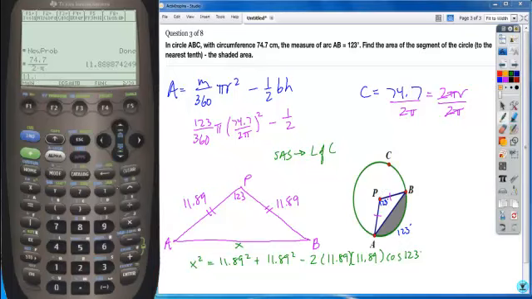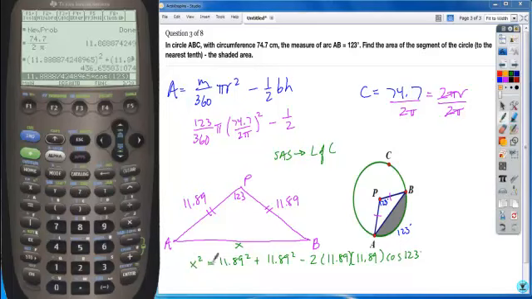I'll use the exact answer here. This quantity squared plus the same thing, that quantity squared, minus 2 times that quantity again, all times the cosine of 123.